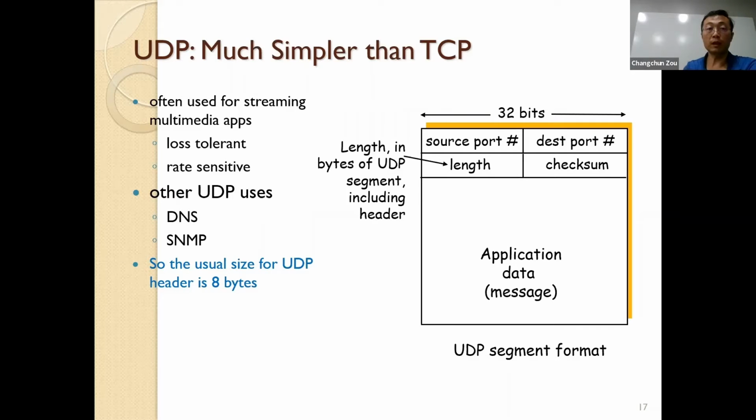So multimedia applications have very different requirements. They can tolerate data transmission errors, but cannot tolerate delay and variance of the transmission time. For those applications, UDP is widely used. Another application for UDP is DNS, the domain name system. We will explain that when we introduce DNS in later slides.